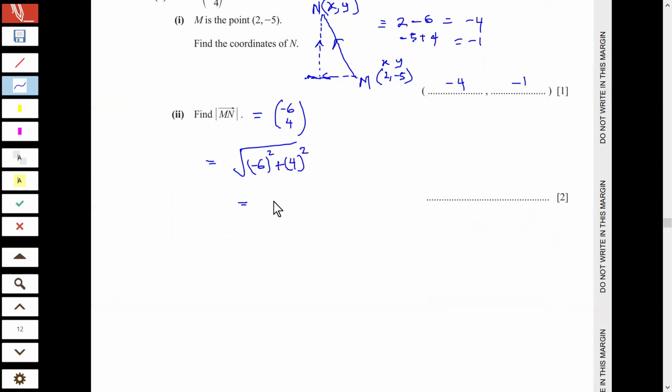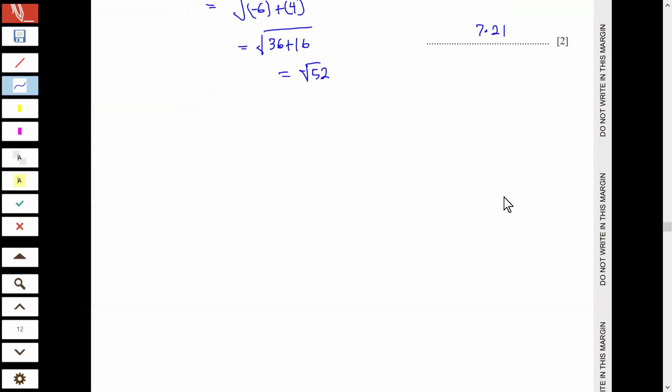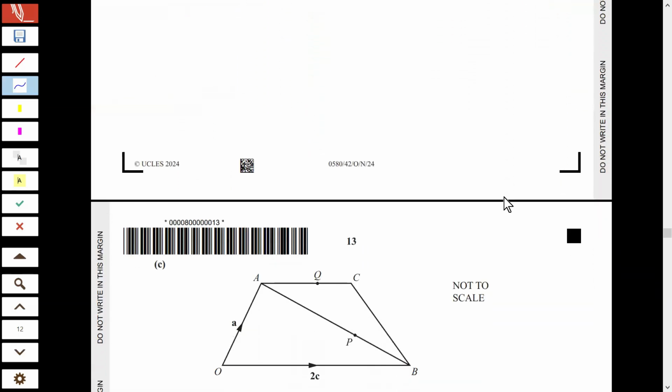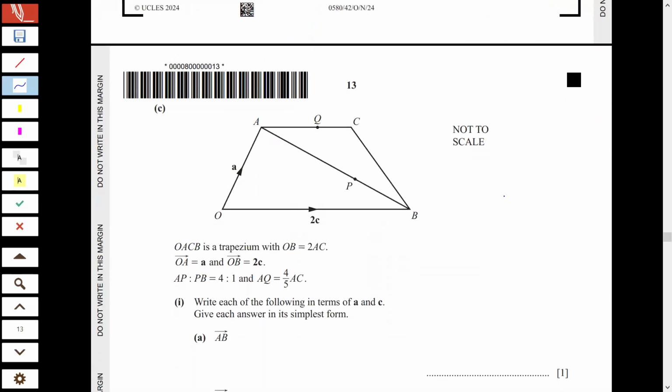That gives us -6 squared is 36. So we have root of 36 plus 16. And that gives us root 52. Now use your calculator to find root 52, and you're going to get 7.21 as the answer to this. So we'll move on to the next question, and that is question C.